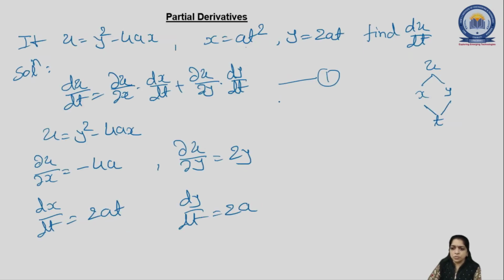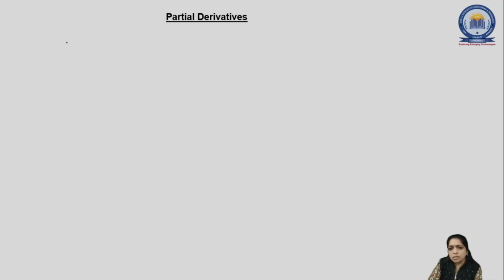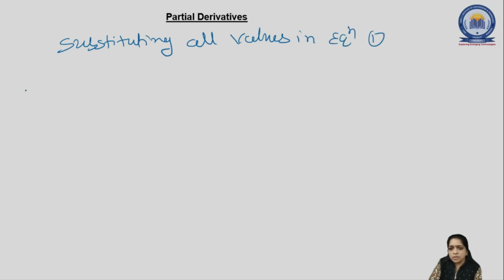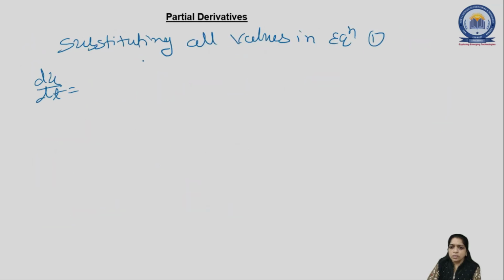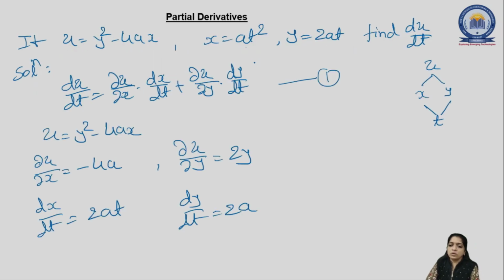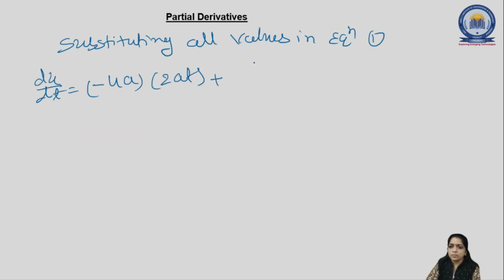After substituting all values in equation 1, we get du by dt is equal to the value of del u by del x, that is minus 4a, into dx by dt, that is 2at, plus the value of del u by del y, that is 2y, into the value of dy by dt, that is 2a, right?